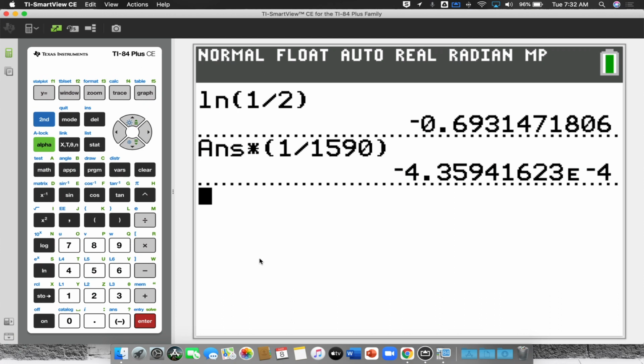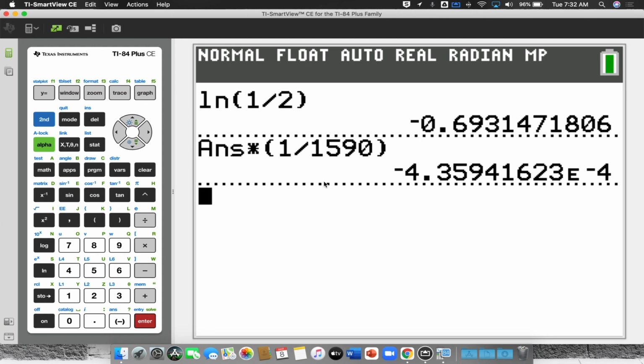Instead of 10, you guys are probably used to seeing 10 to the -4. This one has e. It's the same thing. Negative means we go to the left. So for this number, I would go 1, 2, 3, 4, and fill those in with zeros: -0.000, and then that number there. So it's a small number, a really small number.